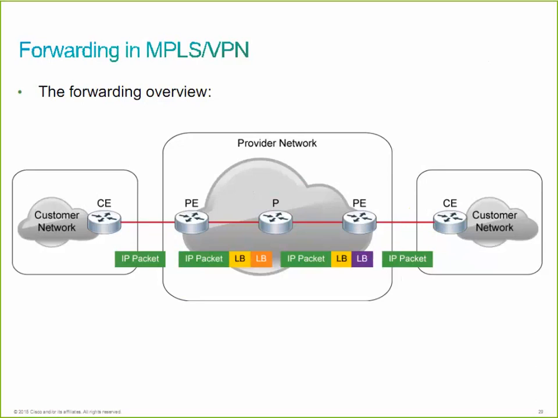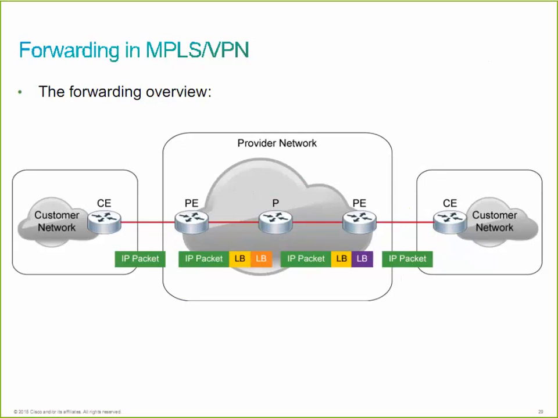So why have the VPN label? What is the point of the VPN label if it's not used to move data across the MPLS provider core? Well, it's used at the other side. When the packet arrives at the remote PE router, the router looks at that inner VPN label and uses that as a customer prefix.